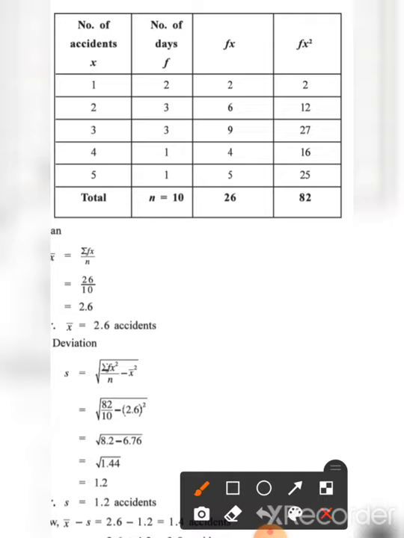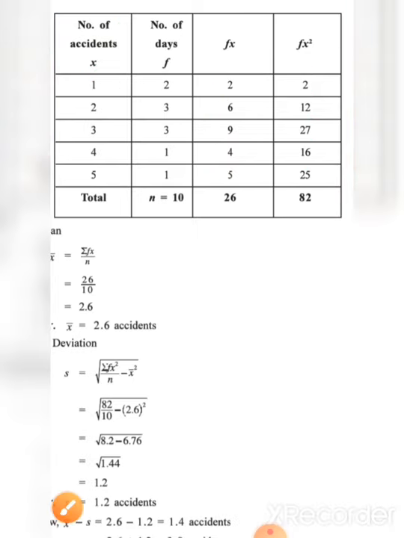Fi xi square is the multiplication of fi xi and xi. So you would find 1 2s are 2, then 2 6s are 12, 3 9s are 27, 4 4s are 16, and then 5 5s are 25. Again, as we do the total of it, it comes to 82.